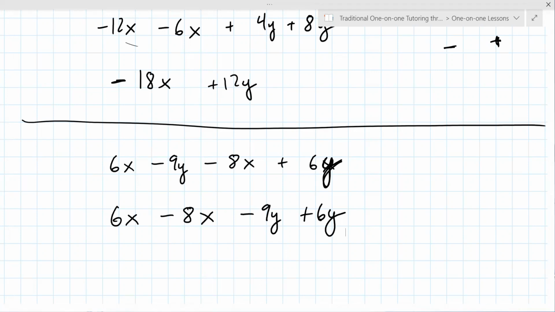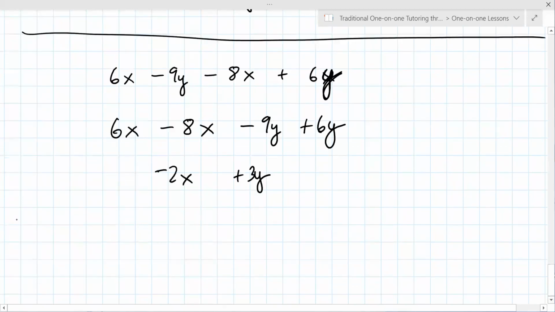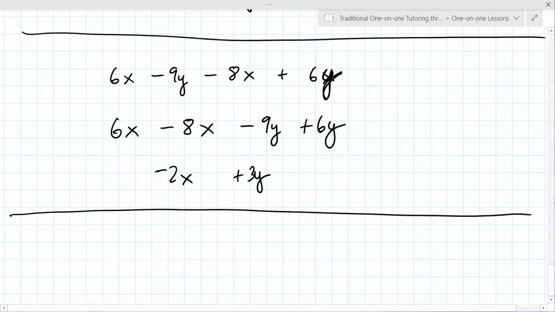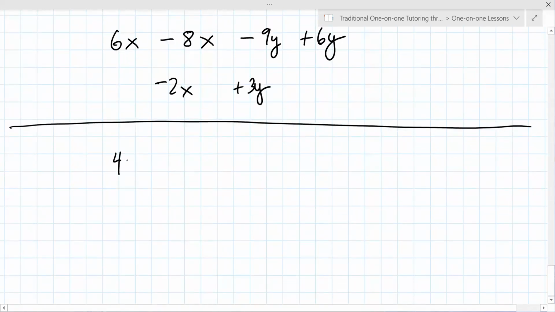Negative 2x plus 3y. Excellent. Okay, so let me give you another one that you can do from the beginning on your own. 4y minus 3x plus 5y minus 2x.